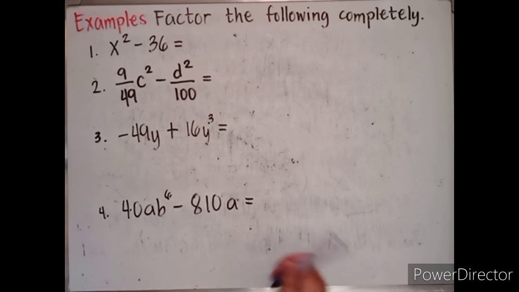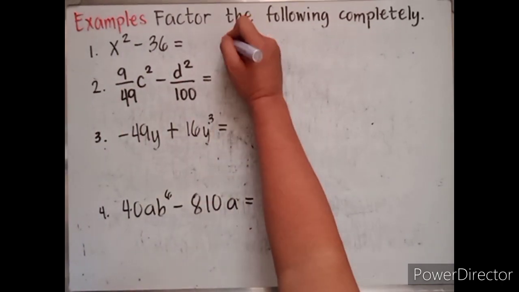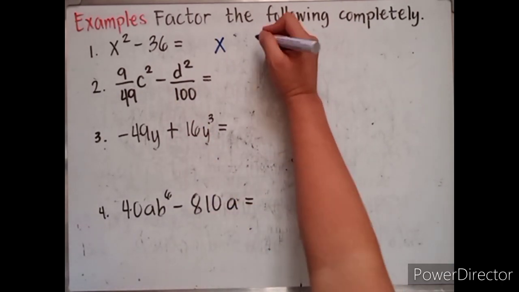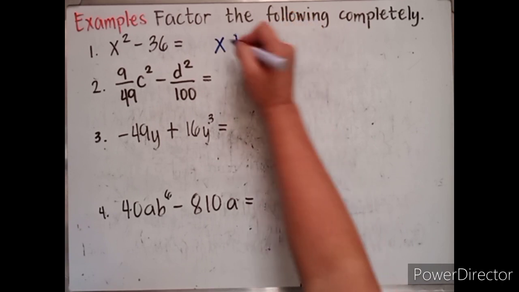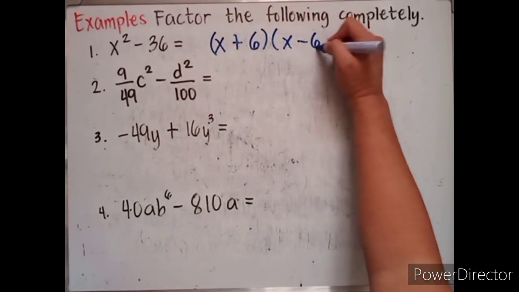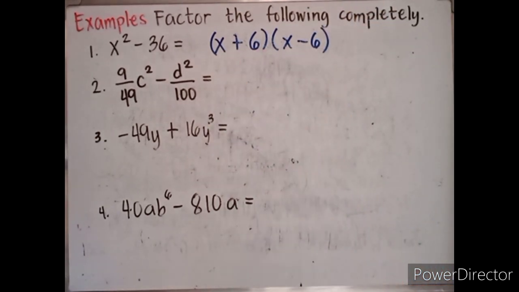So paano mag-factor nun? Kunin lang yung square root na itong first term. Ang square root niya ay x. Yung square root ng second term, ang square root ng 36 ay 6. Okay, lalagyan lang natin ng plus. Tapos yung isa naman ay minus naman. Kokopyahin lang natin yung x tsaka yung 6, yung isa ay minus. Yung isa plus, yung isa minus.